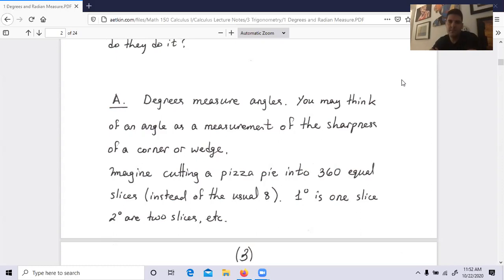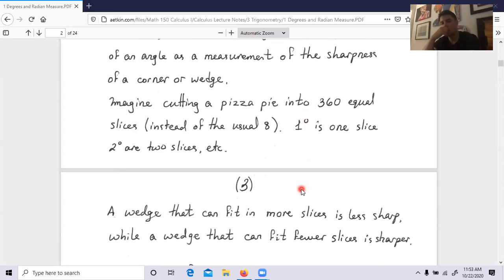You understand that you can create a different measure. But if you cut it into 360 parts, the slices are very thin, and you can describe quite a lot of things with such thin slices. So they're thin and sharp. So 1 degree is 1 slice out of 360 in the pizza. You're counting the slices. 2 degrees are 2 slices, etc. Does it make sense?